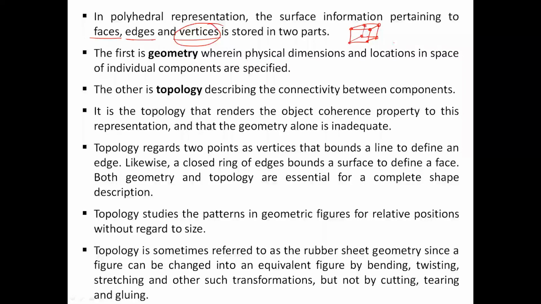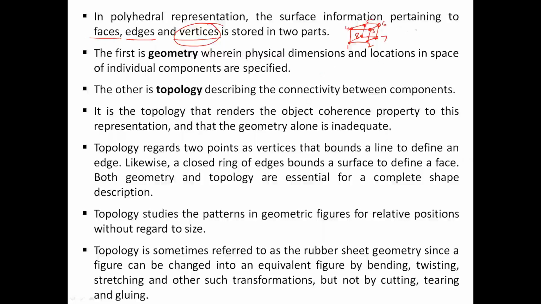8 points. Very good. So let us name those points: 1, 2, this is 3, this is 4, this is 5, this is 6, this is 7 and this is 8. Now, if I want to define this cube, how will I define it? Just see and try to understand how I'm defining it.